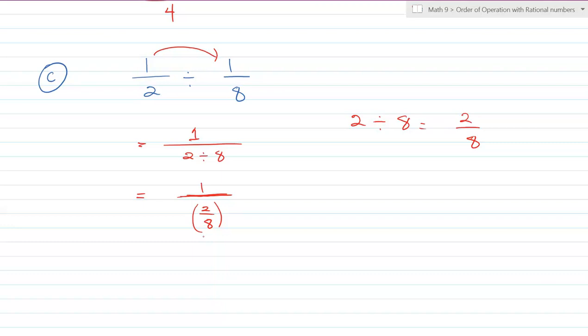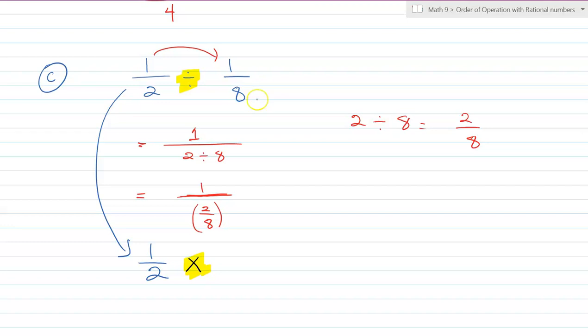So we have a shortcut. We're going to use what is called the reciprocal. This is what you would do. You write the first fraction as is, but for the second fraction you change the sign from division to multiplication, and then you use the reciprocal of the second fraction.